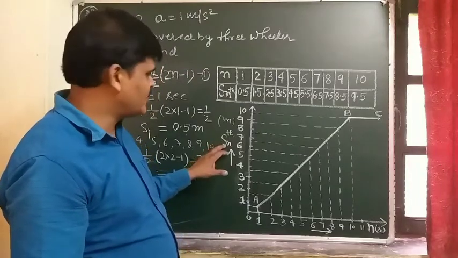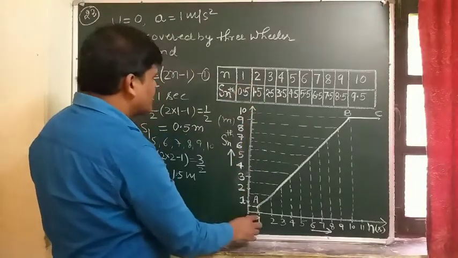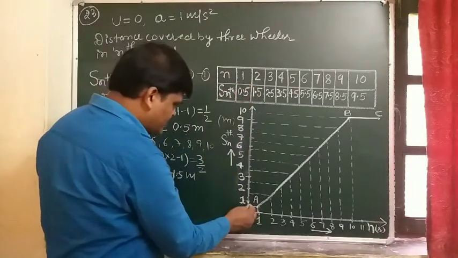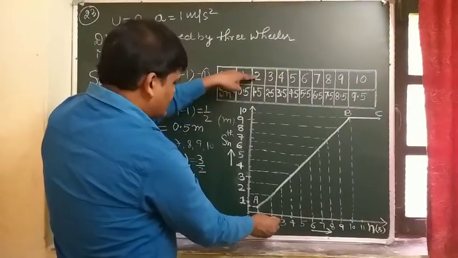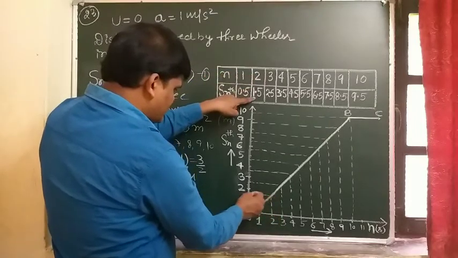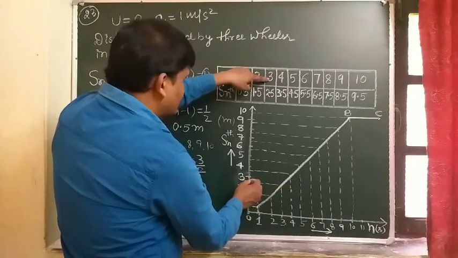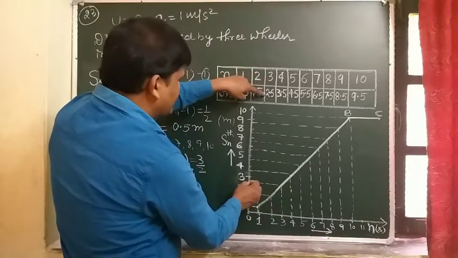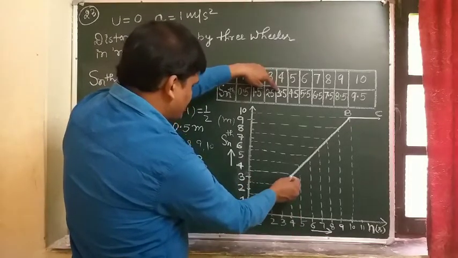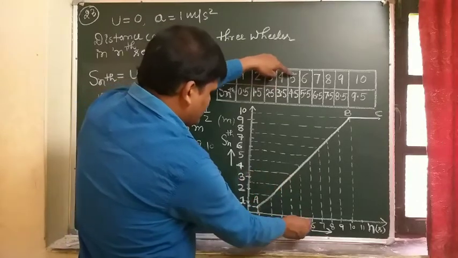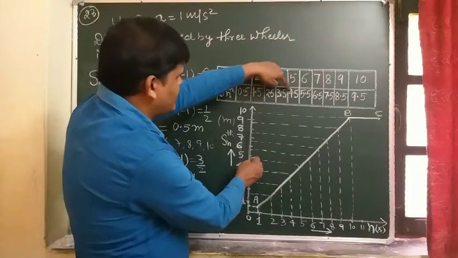When n equals 1, the value is 0.5. When n equals 2, it comes out to be 1.5. When n is 3, it is 2.5. When n is 4, its value is 3.5. When n equals 5, the value comes out 4.5.